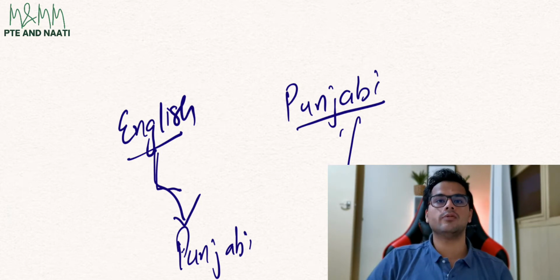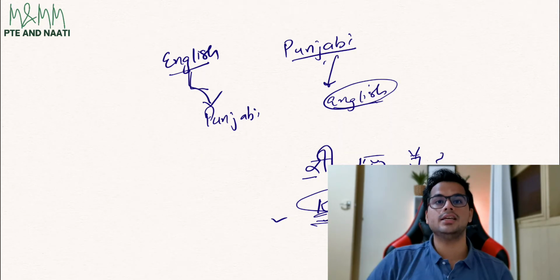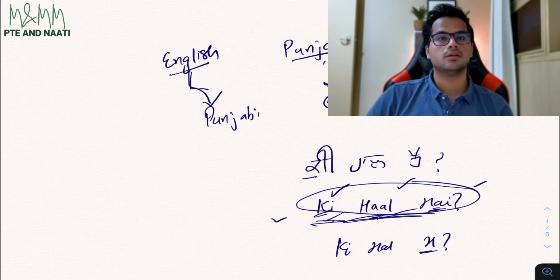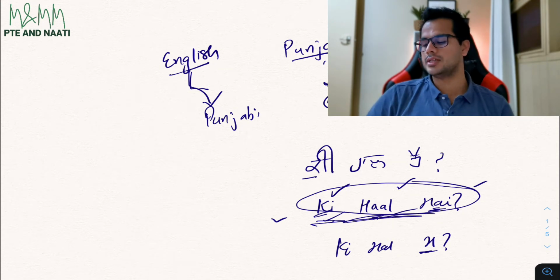I'm pretty sure that whenever you talk to your friends, you never really type in Punjabi script. You always type your message in English, in Roman letters. For example, if you're asking your friend ki hal hai, you never write it in Punjabi script while typing a text message. We always write it as "ki hal hai".